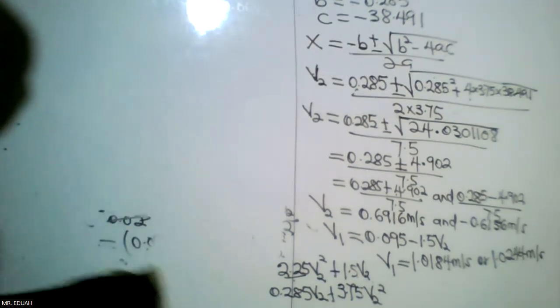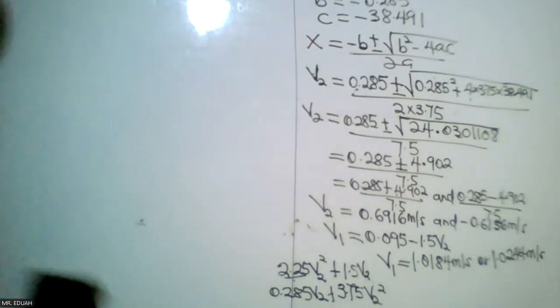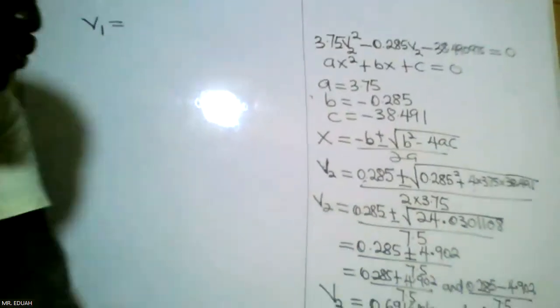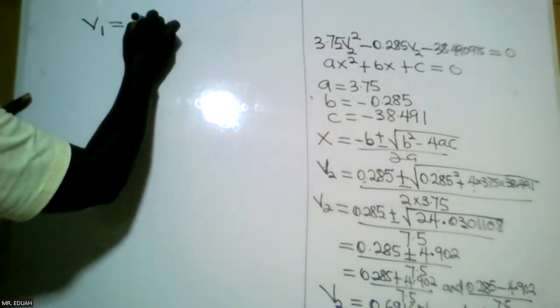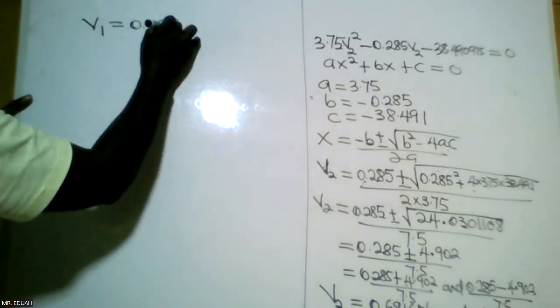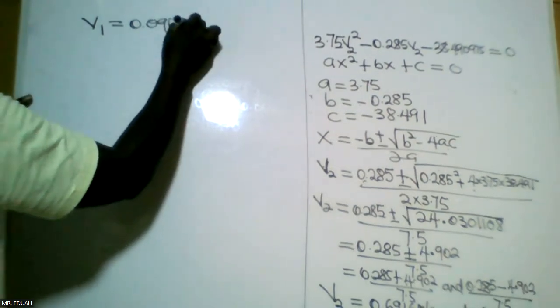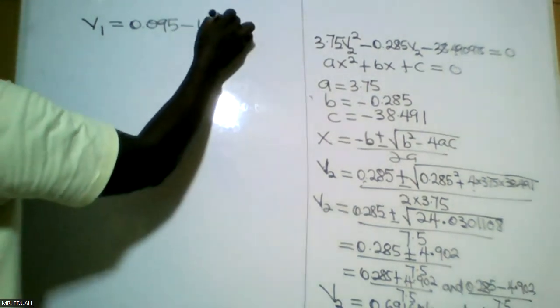Okay, then let's confirm. V1 is equal to 0.095 minus 1.5 V2.